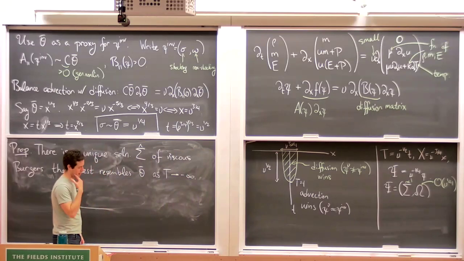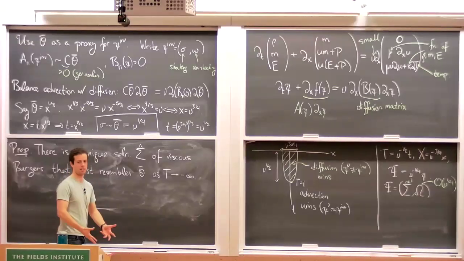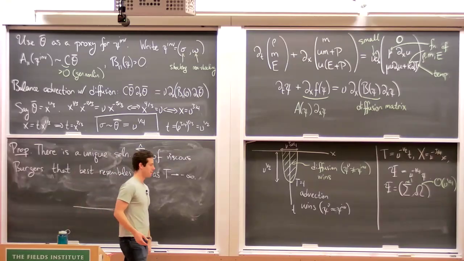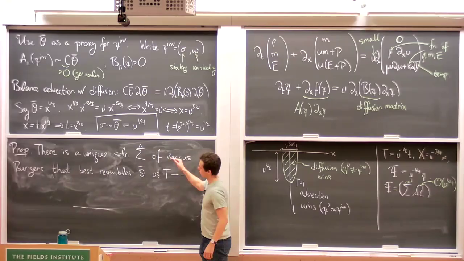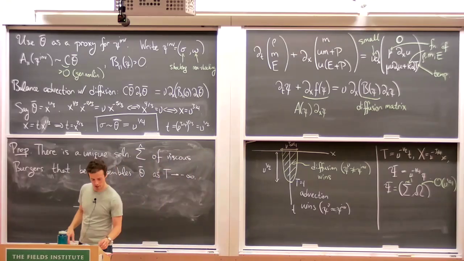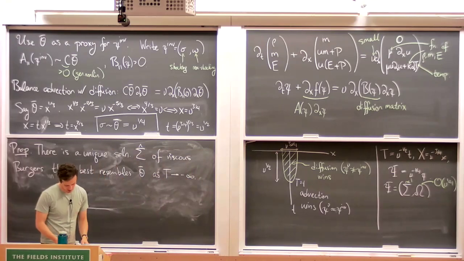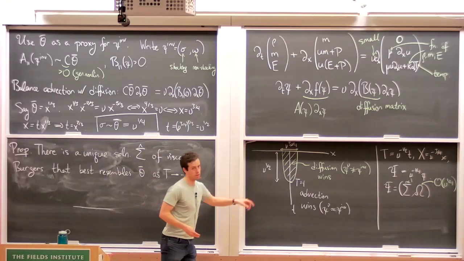And you'll find that there's a whole family of solutions that all converge in some sense to theta bar, but one of them converges faster than all the others. And it's the one that we just constructed by initializing earlier and earlier using theta bar. So that's what I mean, that there's a unique solution that best resembles theta bar. There are other solutions that converge, but not as quickly. So this is kind of the best choice that we could make for a guess for what's going on in this green region here.